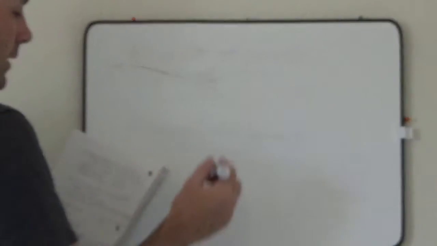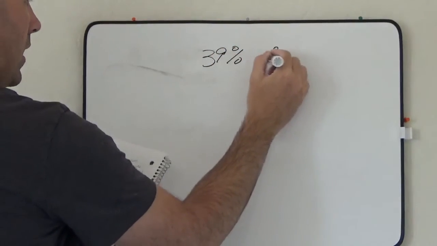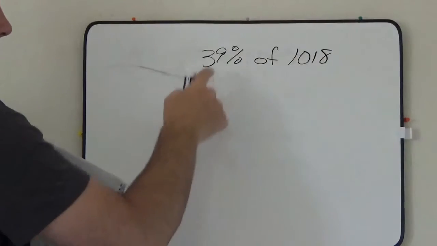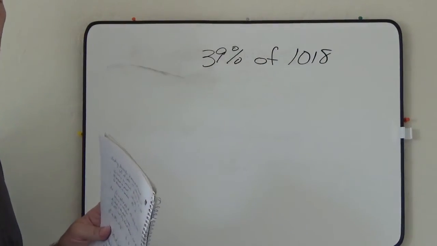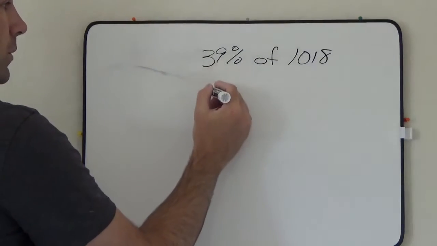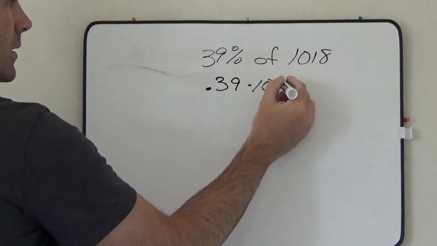Well, what we do is we want 39% of 1,018. We change the percent to a decimal always, because anytime you use math, you can't use a percent to solve a math problem, so you always change it to a decimal. This will be 0.39 as a decimal times 1018.